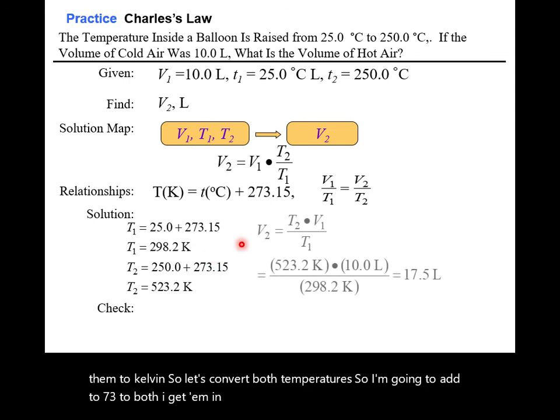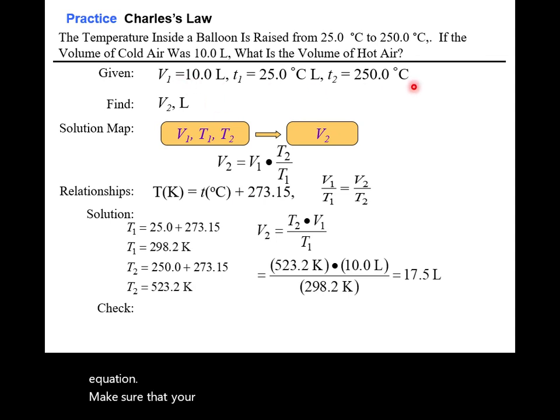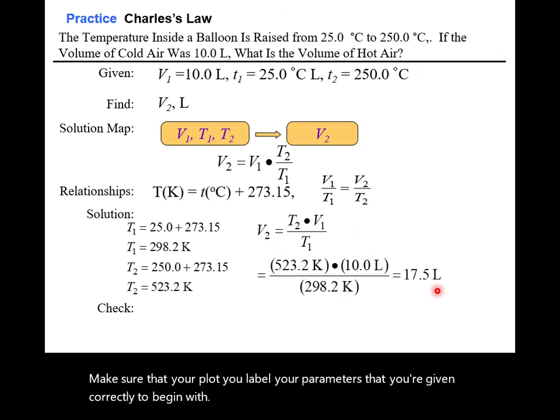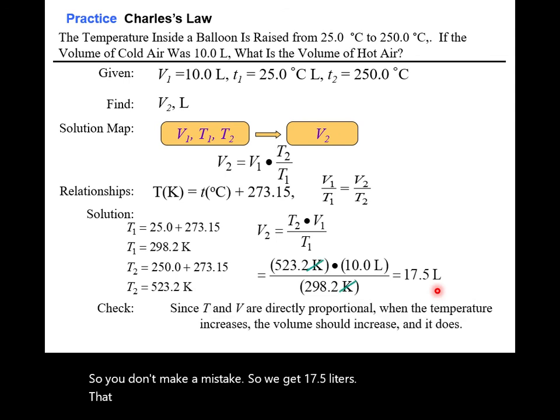Then I plug into the rearranged equation. Make sure that you label the parameters that you're given correctly to begin with, so you don't make a mistake. So we get 17.5 liters. That is Charles' law.